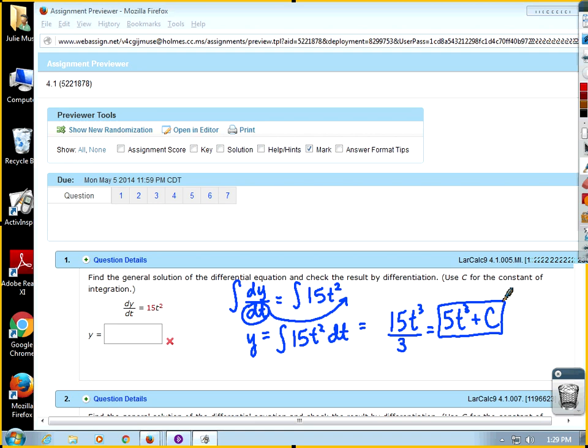So if we checked it, we would multiply 3 times 5, which is 15, and then subtract 1, so 15t squared. And the derivative of a constant is 0. And so, of course, that would be your dy dt. So it's very easy to check these.